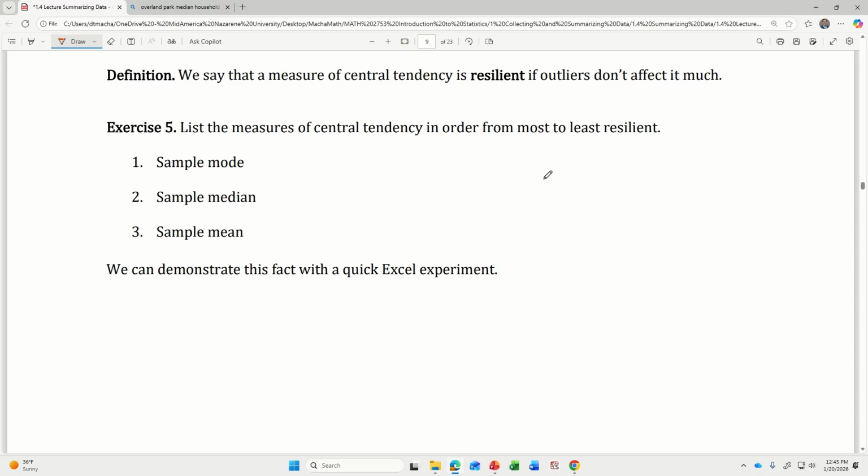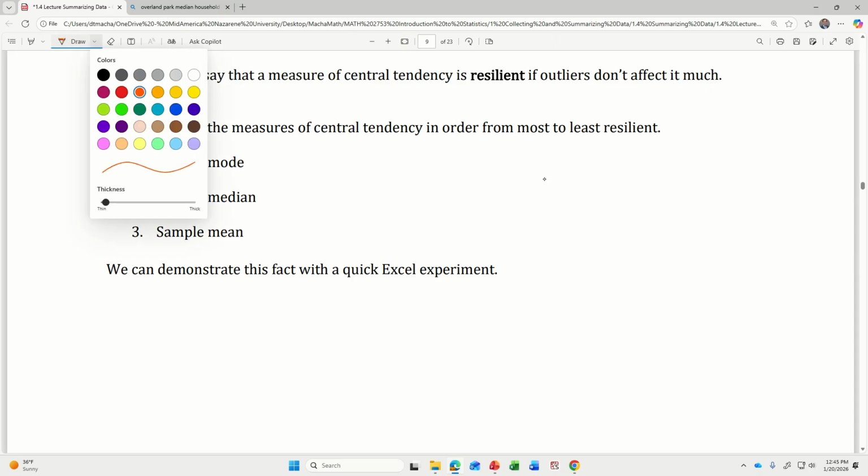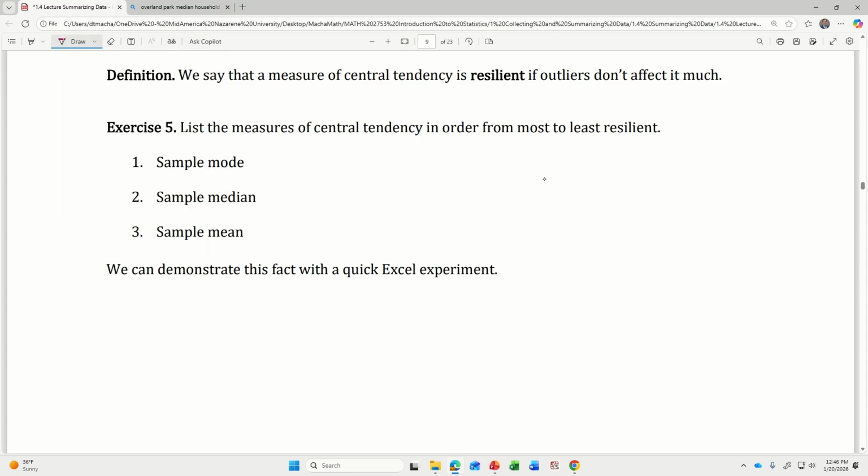All right, new vocabulary word, resilient. We say that a measure of central tendency is resilient if outliers don't really affect it much. These are our three measures of central tendency. If you see the term measures of central tendency, that means sample mean, sample median, sample mode.